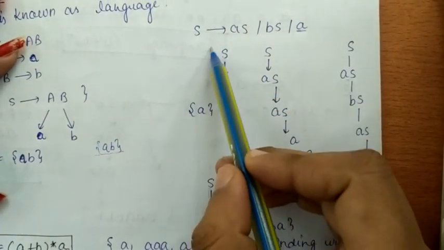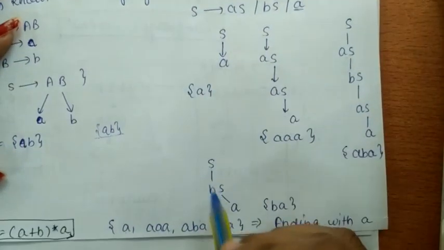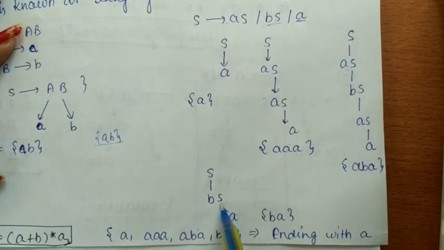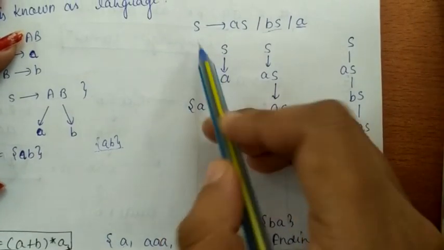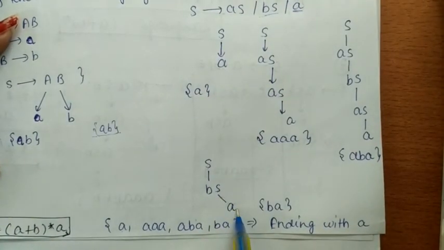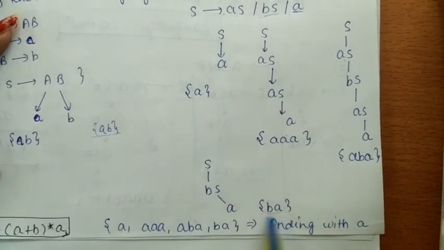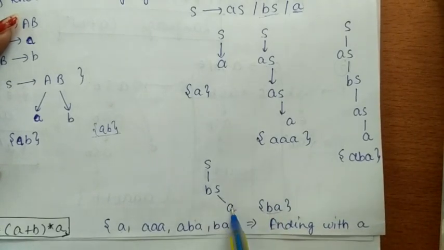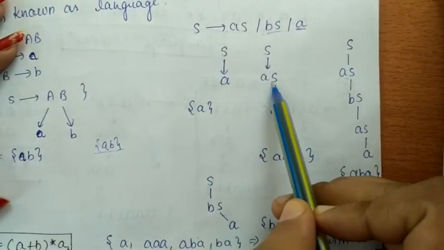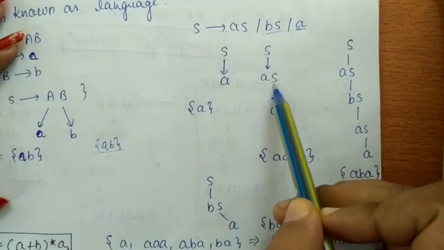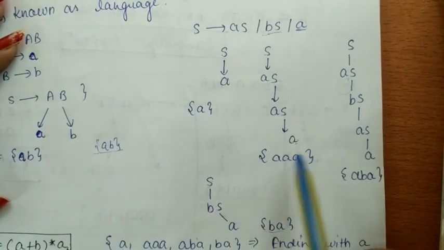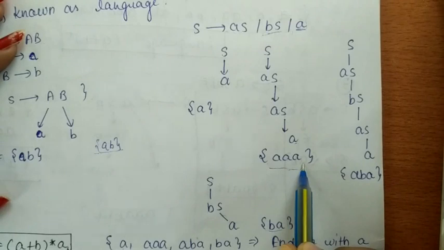Now if we replace S by bS, and then again replace this S by a, it will generate b first and then a. Now if we replace S by aS, and then again replace S by aS, and now replace the last S by a, it is generating aaa.